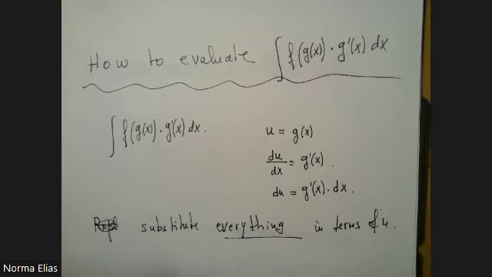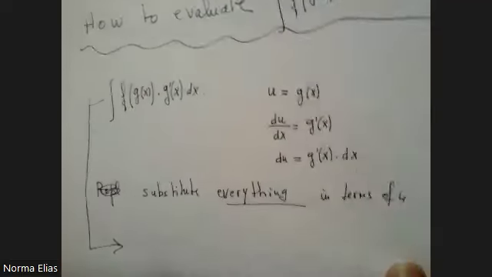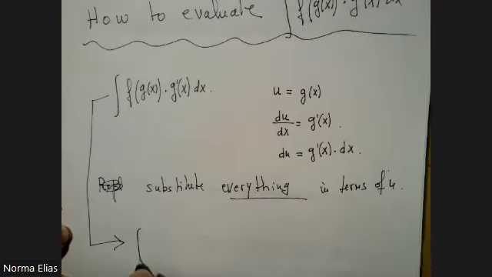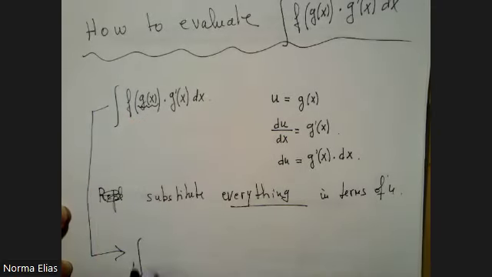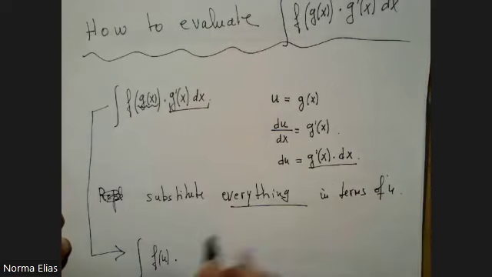So we introduce a new variable. So this integral now becomes the following. This will become the integral of everything in terms of u. The g of x is my u. The g prime of x dx is the du.